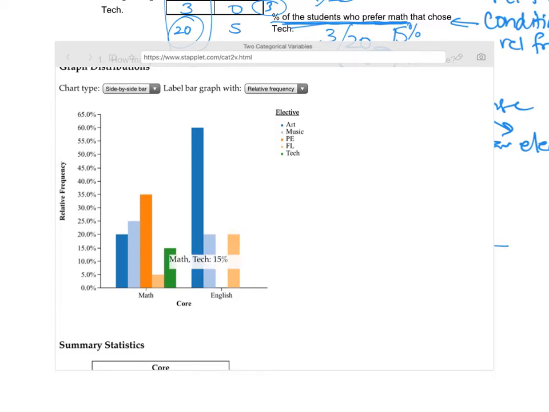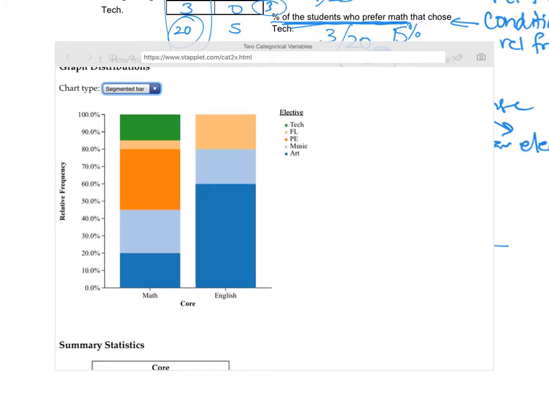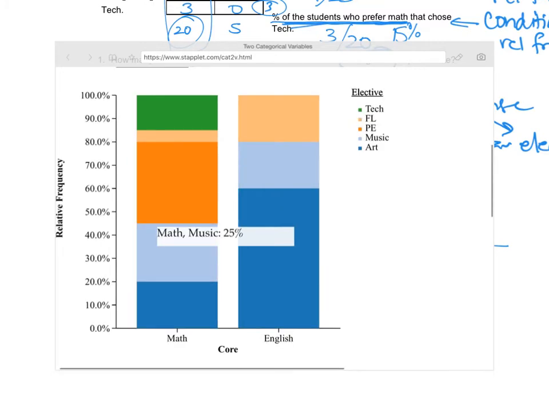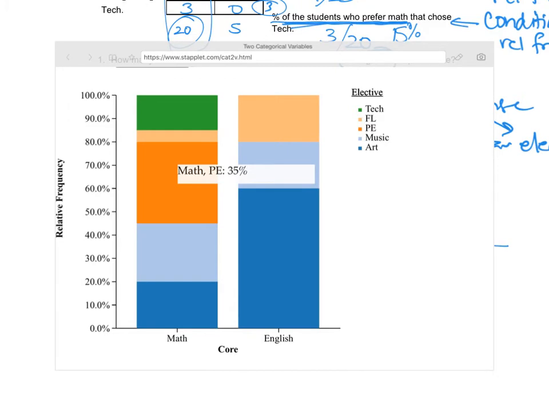Now, that's a side-by-side chart. If you wanted to do a segmented bar graph, the total's always 100%. And so you just stack them on top of each other. So math was 20 and music was 25. If you add 20 and 25, that'll get you to right here, 45. And then PE was 35, so now you're just adding.